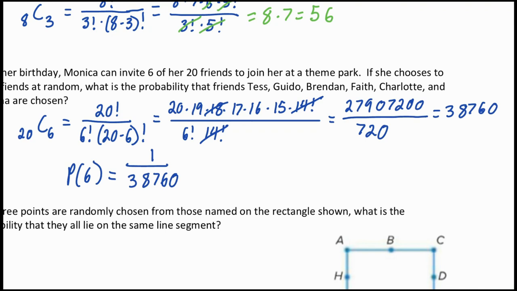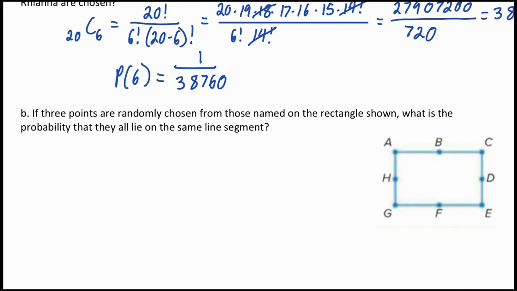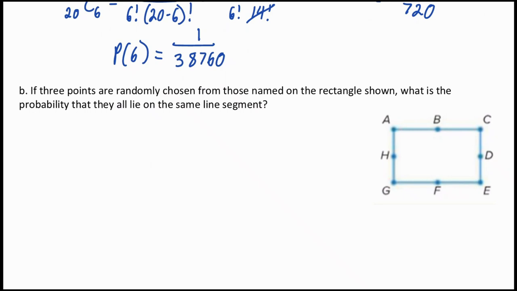Alrighty, last problem. Okay. If 3 points are randomly chosen from those named on the rectangle shown, what's the probability that they all lie on the same line segment? So we need to first figure out how many options we have. So how many points do we have? 8. And how many are we picking? 3.